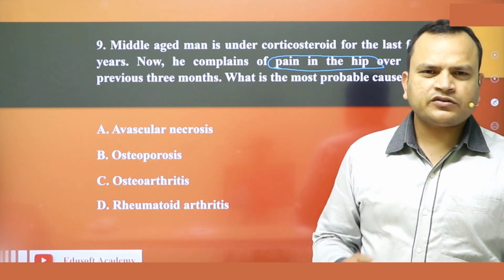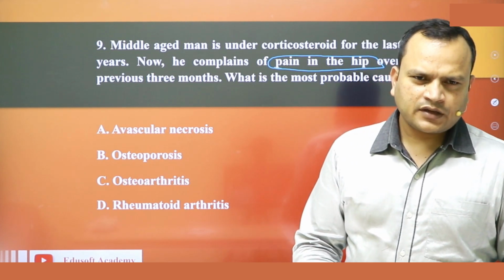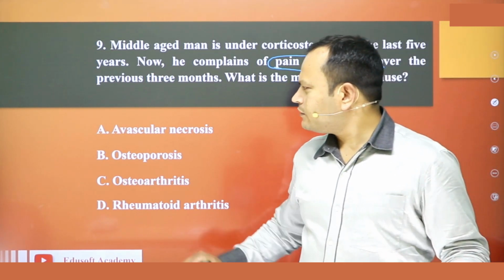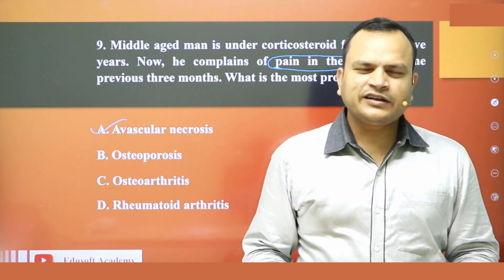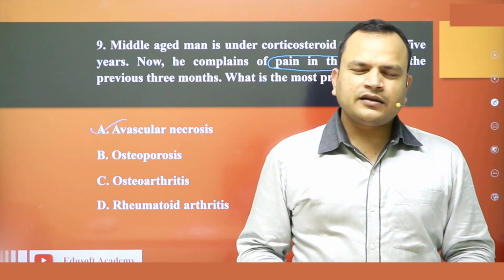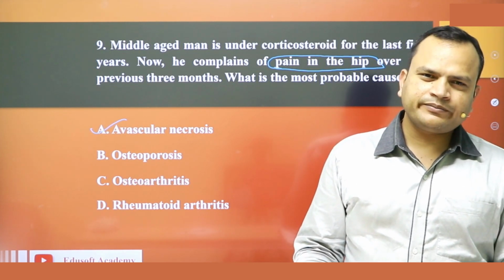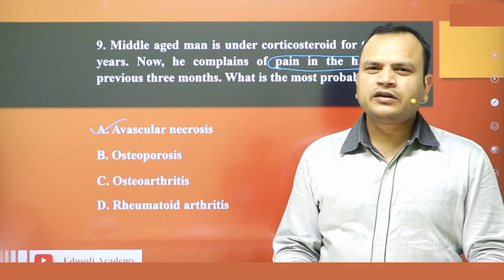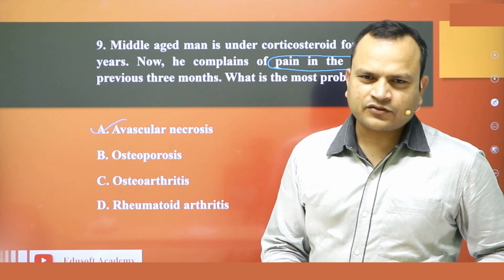So coming to this question, let us see the options. So avascular necrosis. I think this is the right answer, because avascular necrosis usually affects the hip joint, the scaphoid, lunate, capitulum. So these are the most commonly involved joints in avascular necrosis.